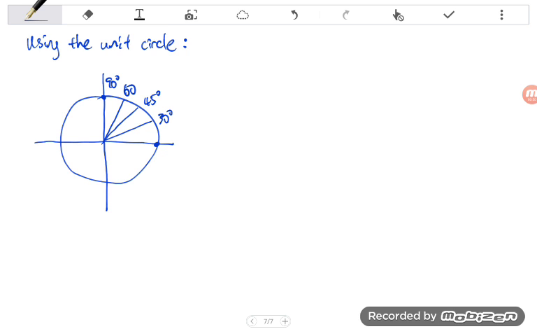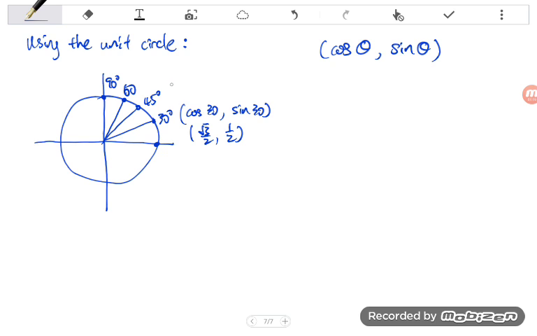This is only my first quadrant, and we talk about the x and y coordinates for these points, where the x coordinate is going to be cosine of the angle, and the y coordinate is sine of the angle. So this will be cosine 30, sine 30, which is going to be equal to root 3 over 2 and half. And then cosine 45, sine 45, that gives me root 2 over 2 and root 2 over 2.